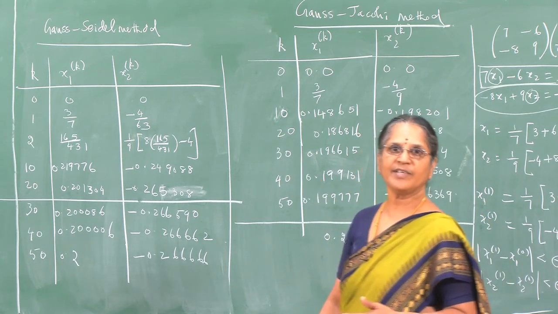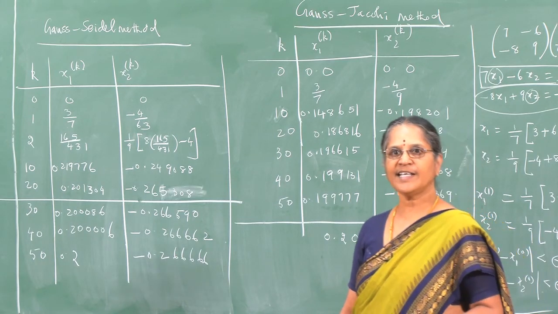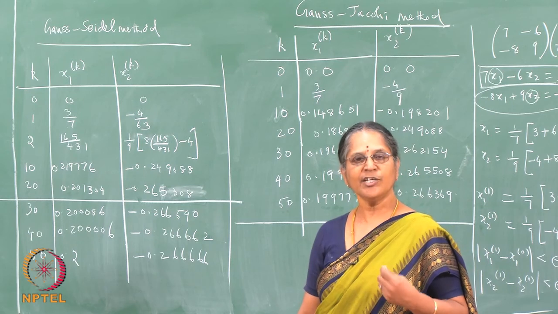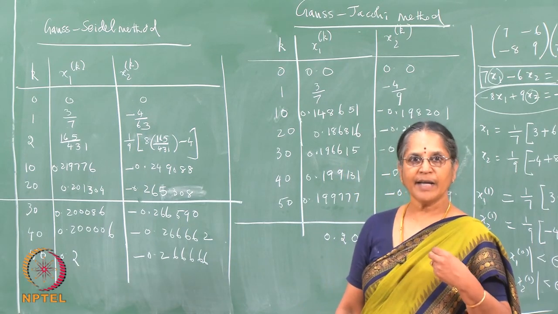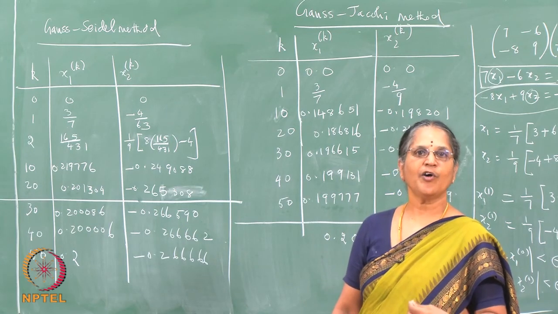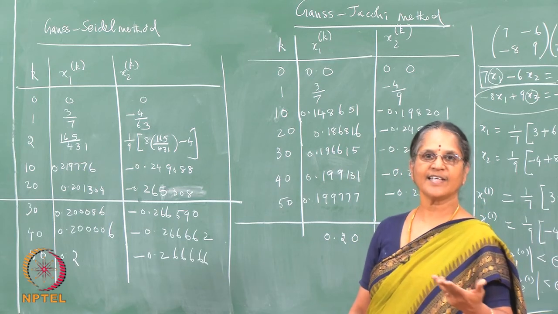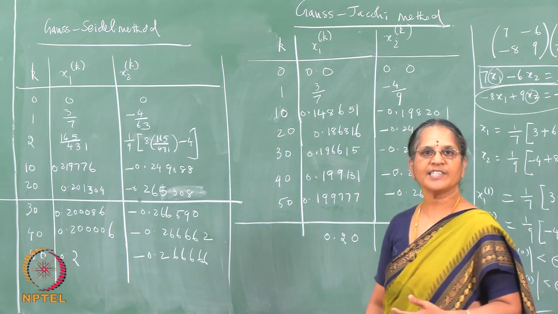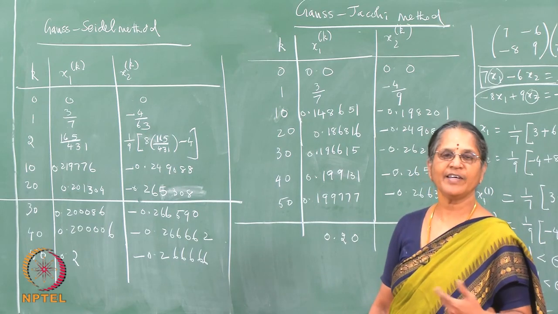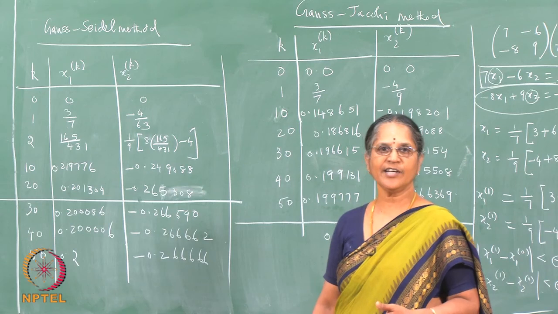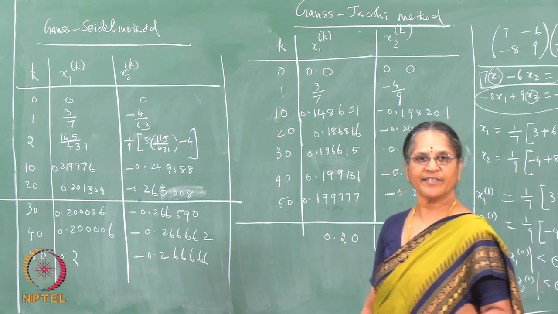The Gauss-Seidel method converges much faster than the Gauss-Jacobi method, the reason being that it takes into account the currently available solution at any particular step for the unknowns which have already been computed. As a result, the method converges faster. So, let us take another example where we have 3 equations in 3 unknowns and solve the system by both the methods and compare the solutions.